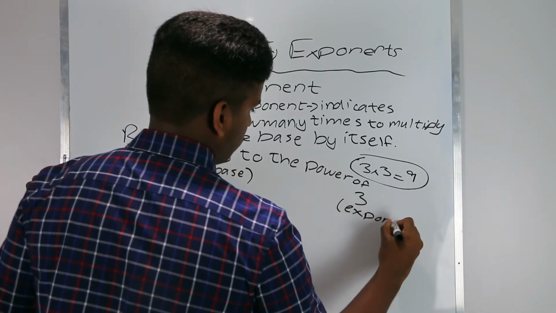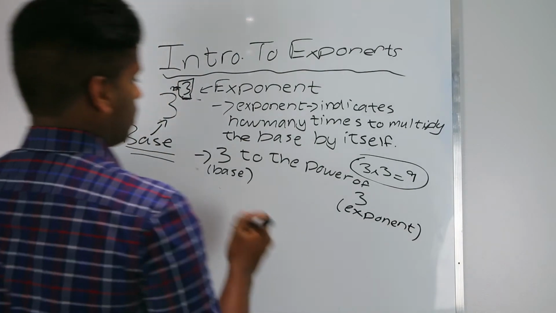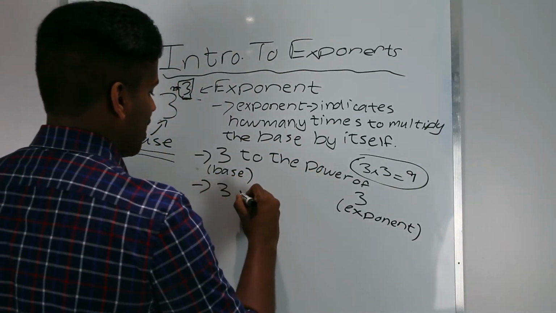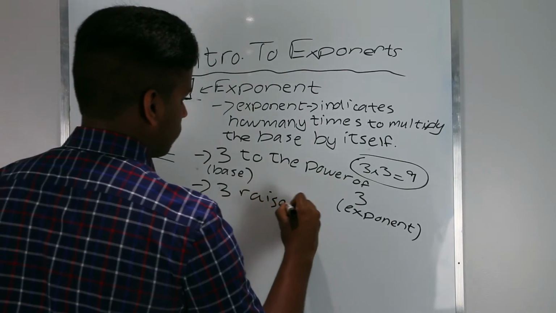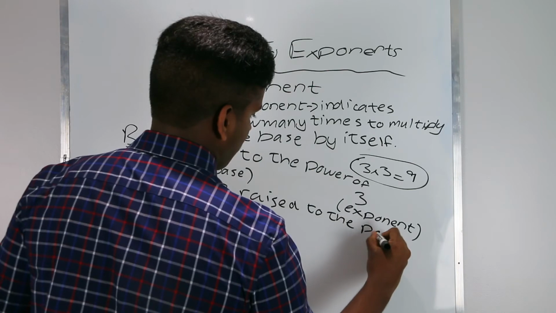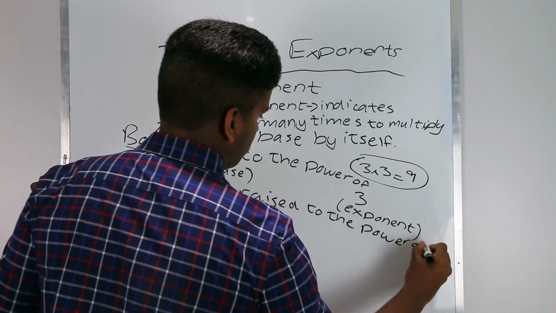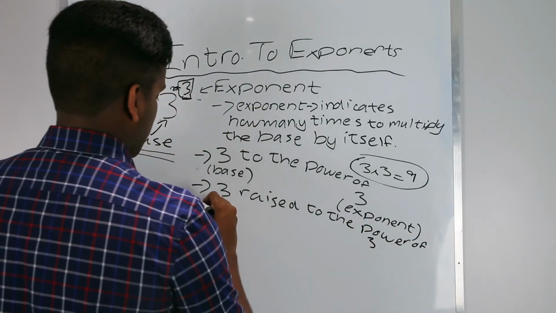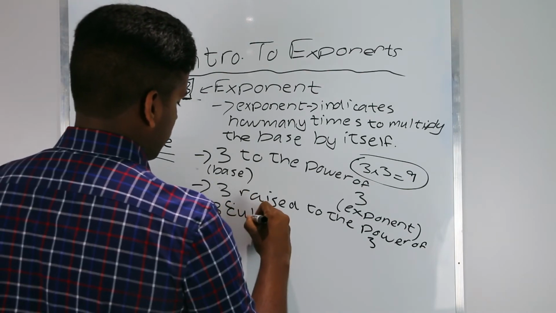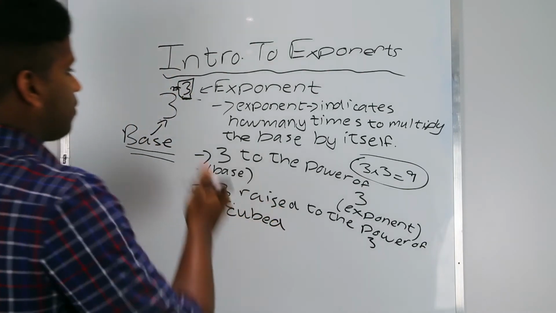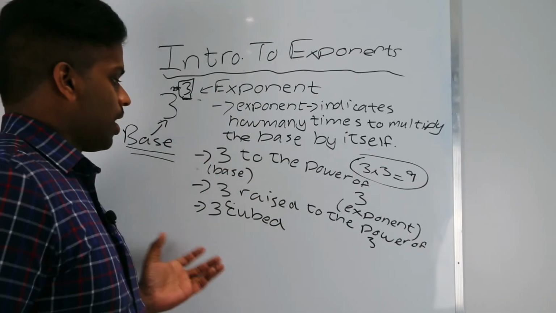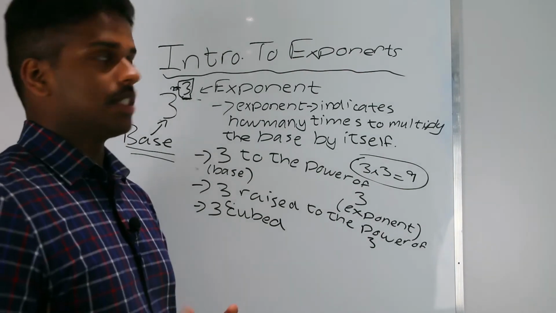That's one I know. 3 to the power of 3. 3 raised to the power of 3. There would also be 3 cubed. 3 cubed is another one. And if it was 2, you could have 3 squared. So these are some phrases that you can use to describe exponents.